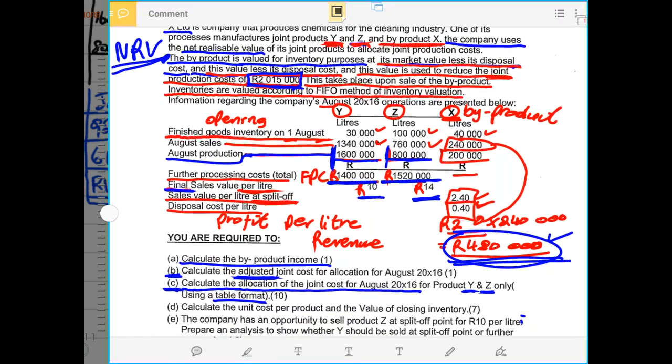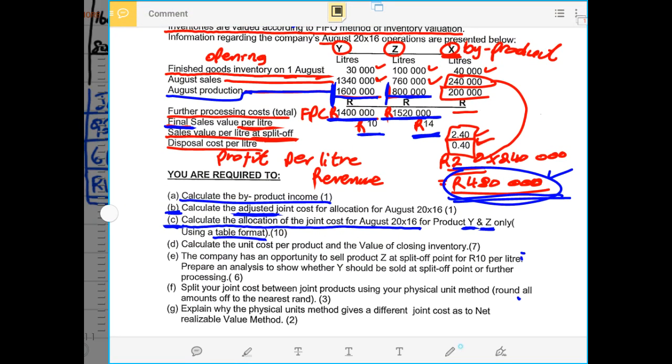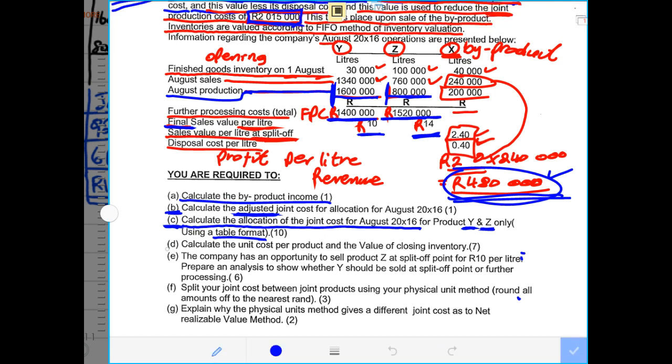Number D required us to calculate the unit cost per product and the value of the closing inventory, that is for 7 marks. So we first need the cost per unit, which is production cost per unit. Then we multiply that by the closing inventory.